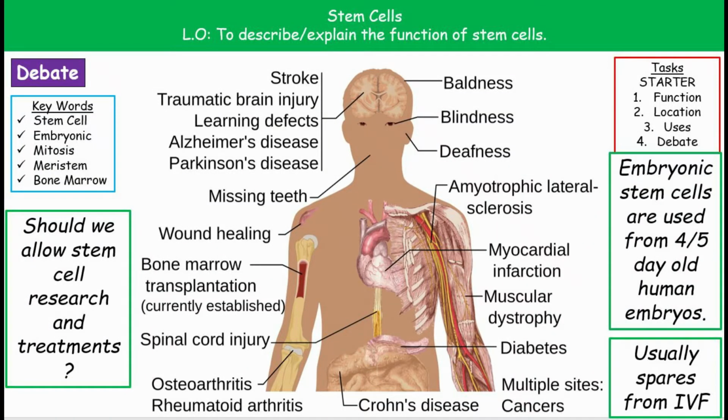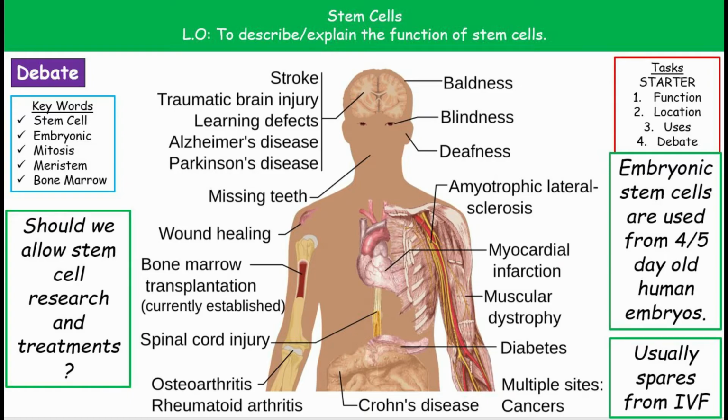So when we're talking about stem cell research, then in most cases we're going to be using these embryonic stem cells. And we're going to get these from human embryos that are about 4 or 5 days old. So 4 or 5 days after fertilisation, we've got these embryos with a number of cells, and they're the ones we're generally using. And the place we're going to get these from are spares from IVF. And you can learn more about IVF in B3 and the actual process.